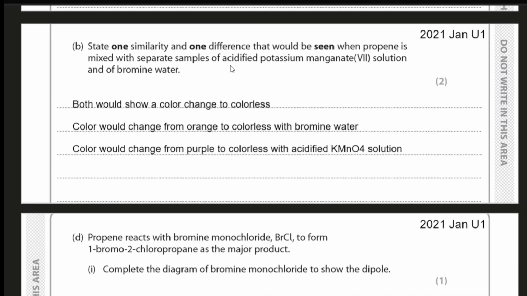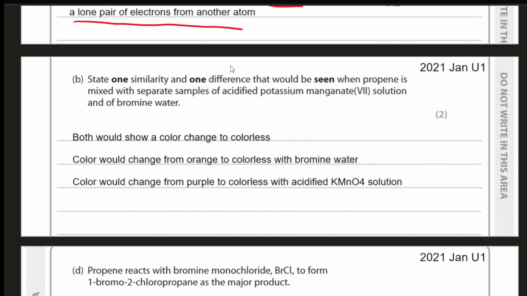Moving on, state one similarity and one difference that would be seen when propene is mixed with separate samples of acidified potassium manganate(VII) solution and of bromine water. The similarity is that both would show a color change to colorless, because both get decolorized as oxidation takes place in both cases.